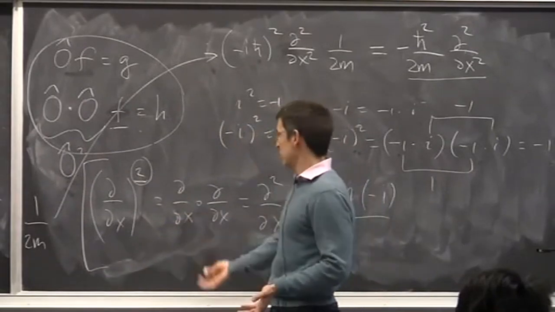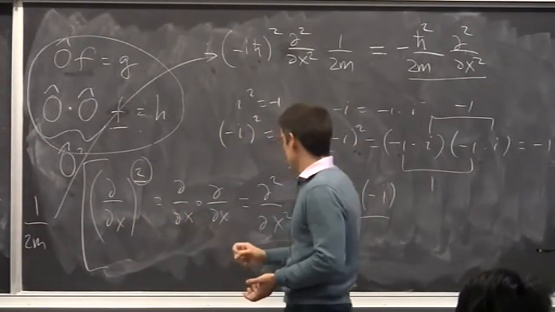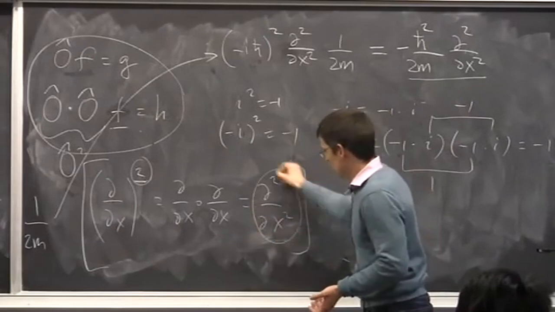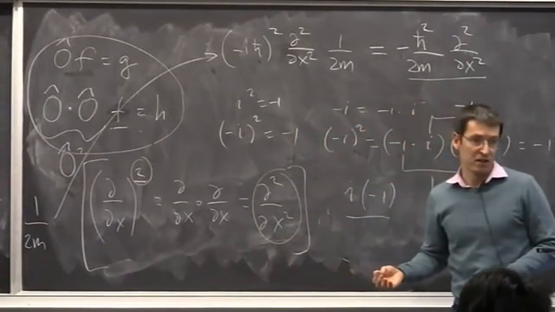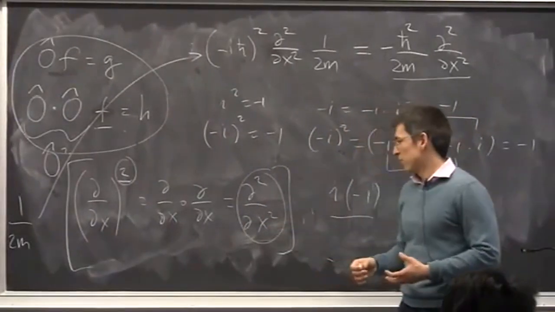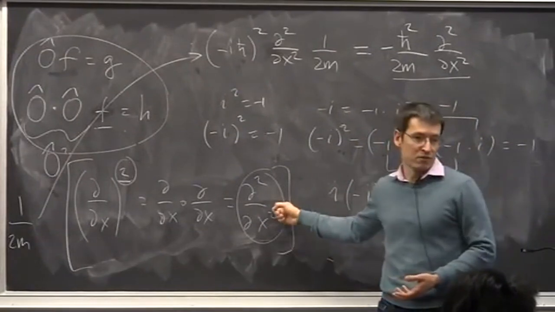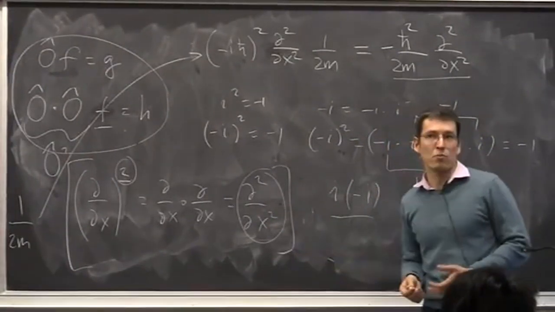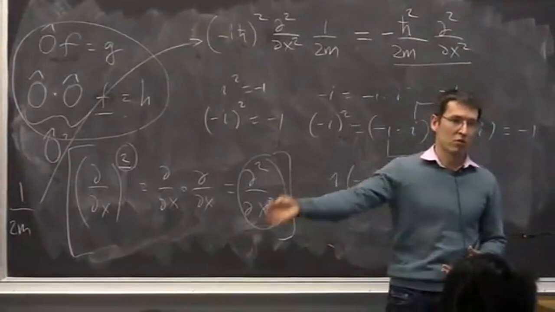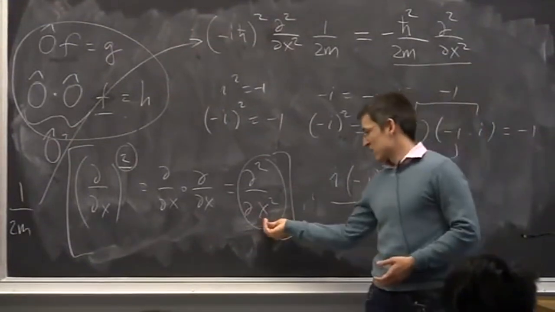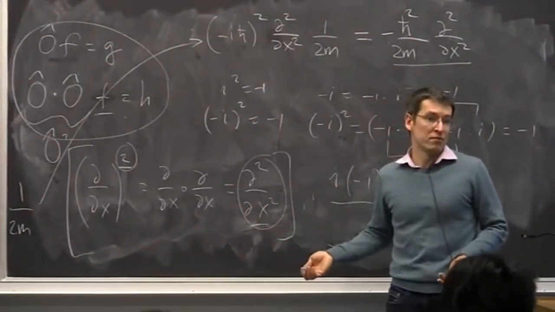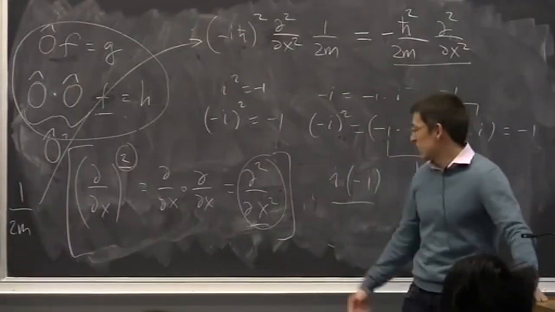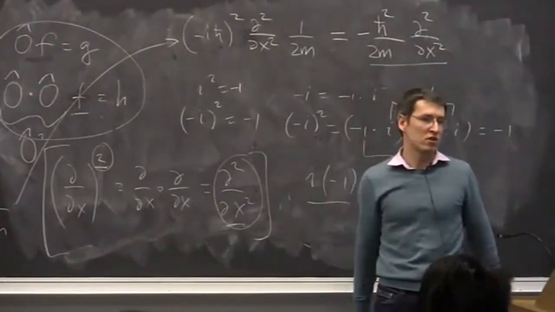In the case of a derivative, that would correspond to taking a second derivative, right? But second derivative of what? You still need a function for this operation to give you a result. But by itself it's an operation, right? It's like, give me a function, I will differentiate it for you twice.